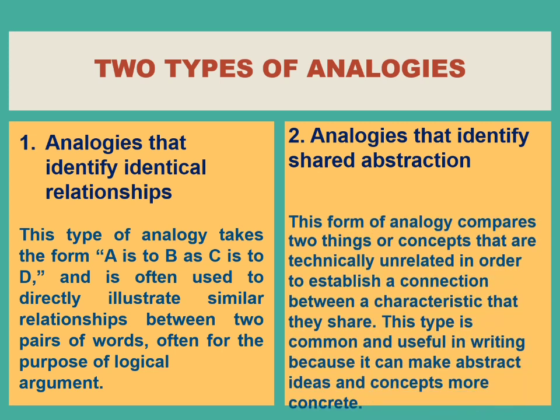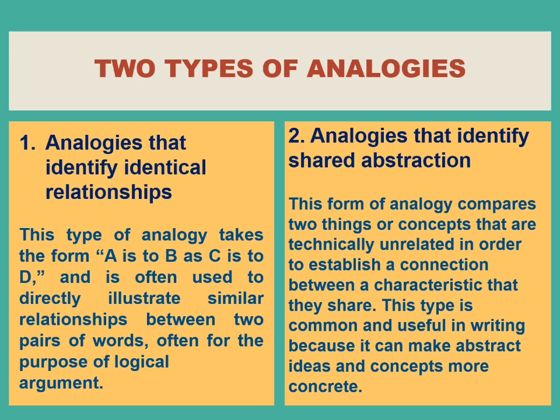The second type of analogy compares 2 things or concepts that are technically unrelated in order to establish a connection between a characteristic that they share. This type is common and useful in writing because it can make abstract ideas and concepts more concrete.